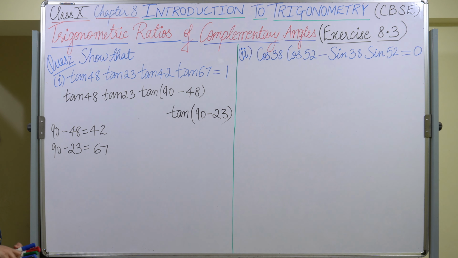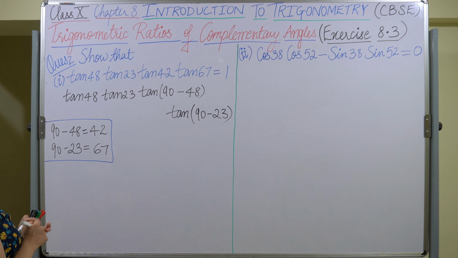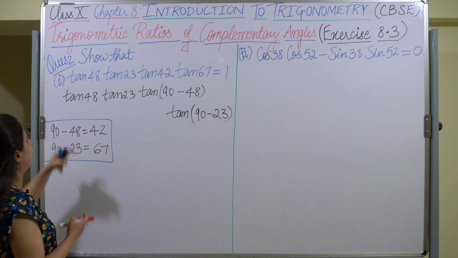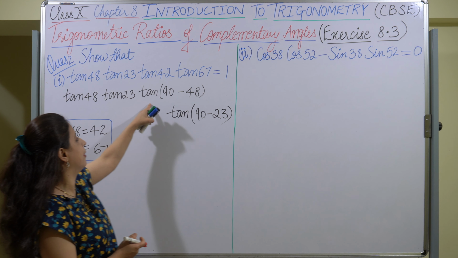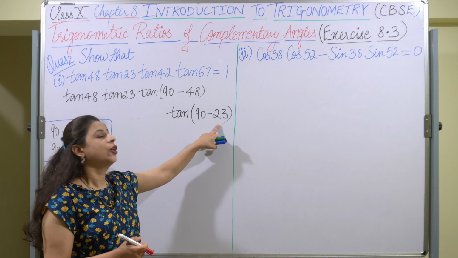Check this also: 90 minus 23 is coming to be 67. So now we are left with tan 48, tan 23, tan 90 minus 48 and tan 90 minus 23.